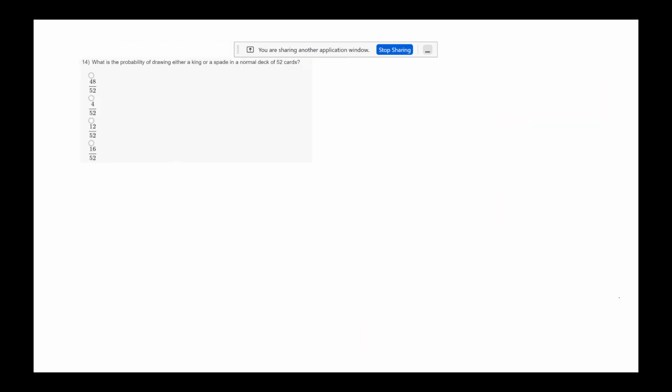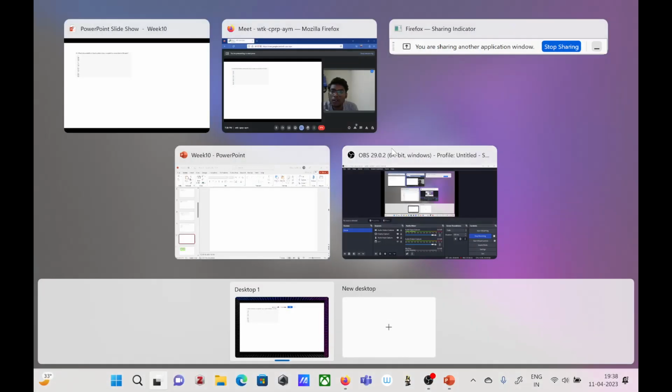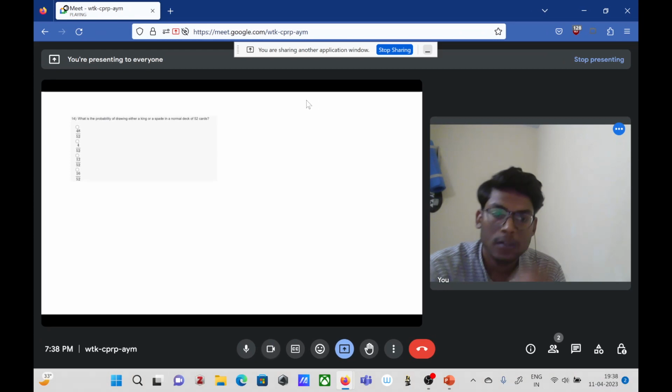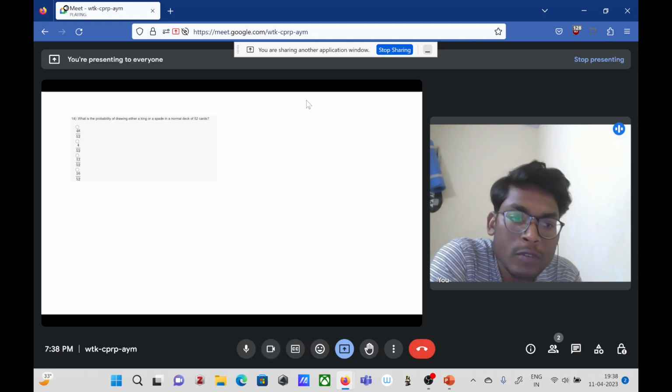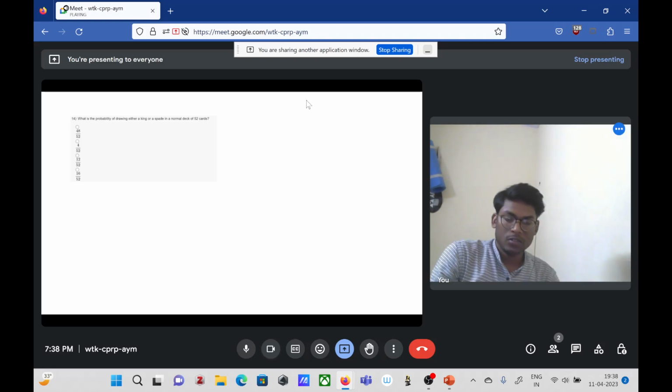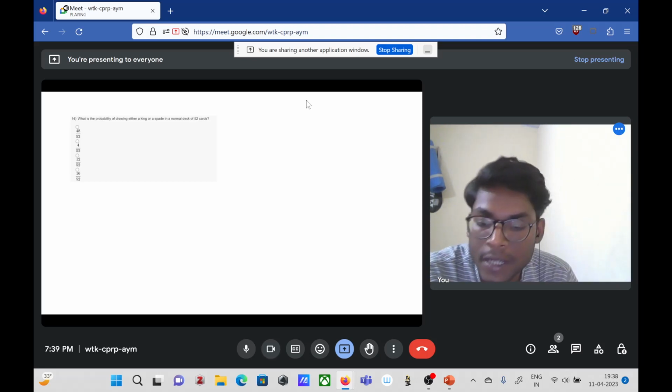Okay, let's move to the next problem. The problem says, what is the probability of drawing either a king or a spade in a normal deck of 52 cards? So I have done the theory in the beginning.